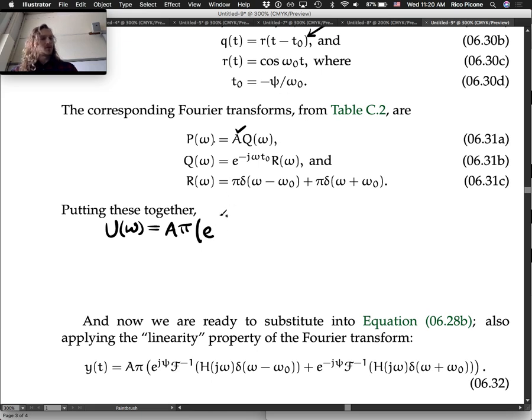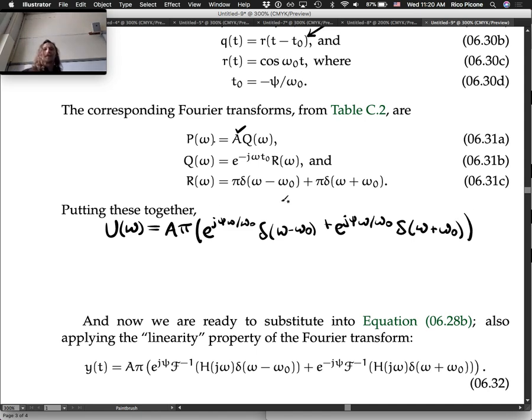So e to the j psi omega over omega naught times delta of omega minus omega naught plus e to the j psi omega over omega naught delta of omega plus omega naught, and that's the end of it.